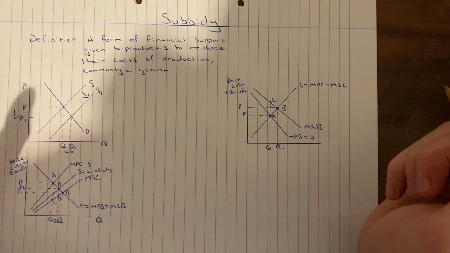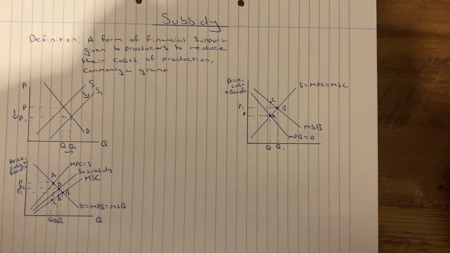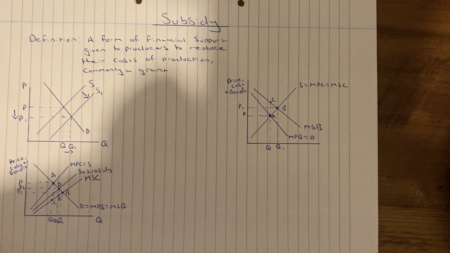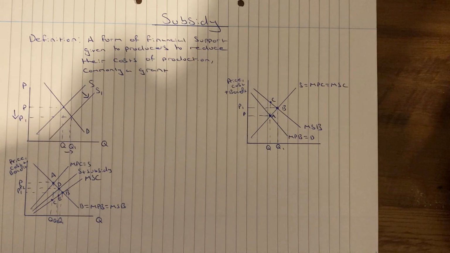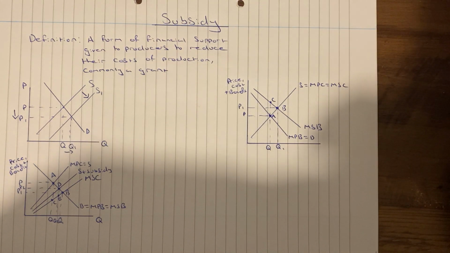A to C is the size of the externality, and we therefore know that the area ABC is the welfare loss. Okay, so the ideal subsidy would allow us to reach the quantity Q1.